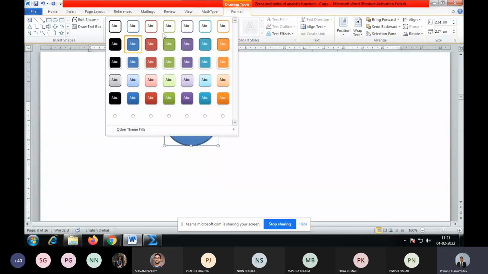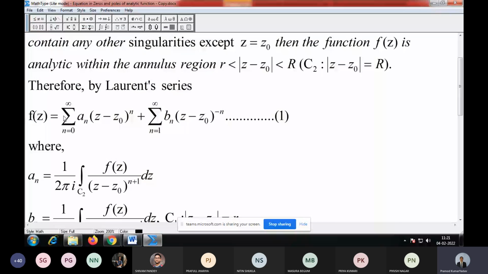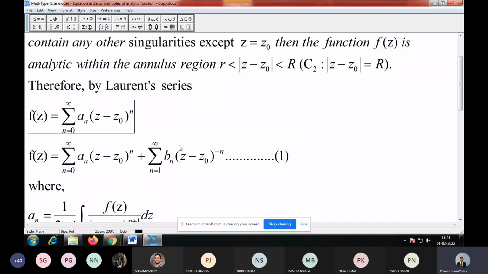It means if a function f(z) is analytic within and on a circle C centered at z naught and radius r, then f(z) will be expressed like this, and this is known as the Taylor series expansion.